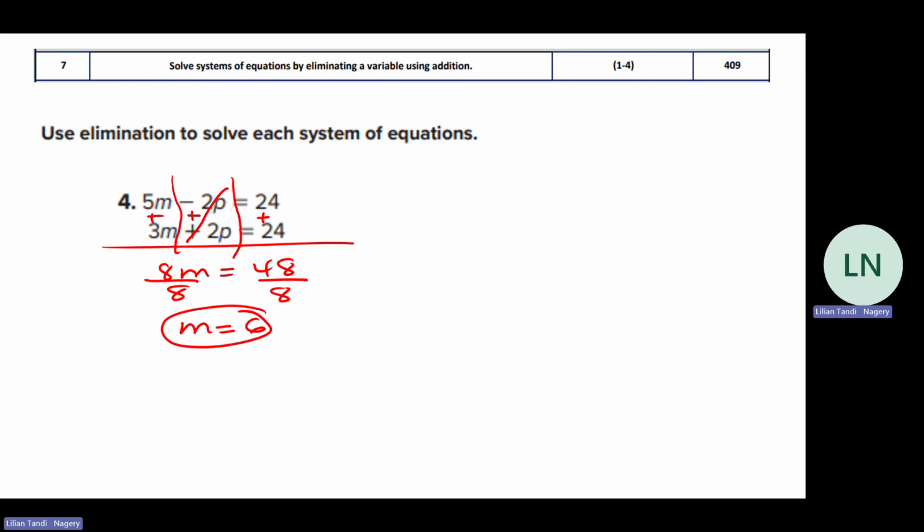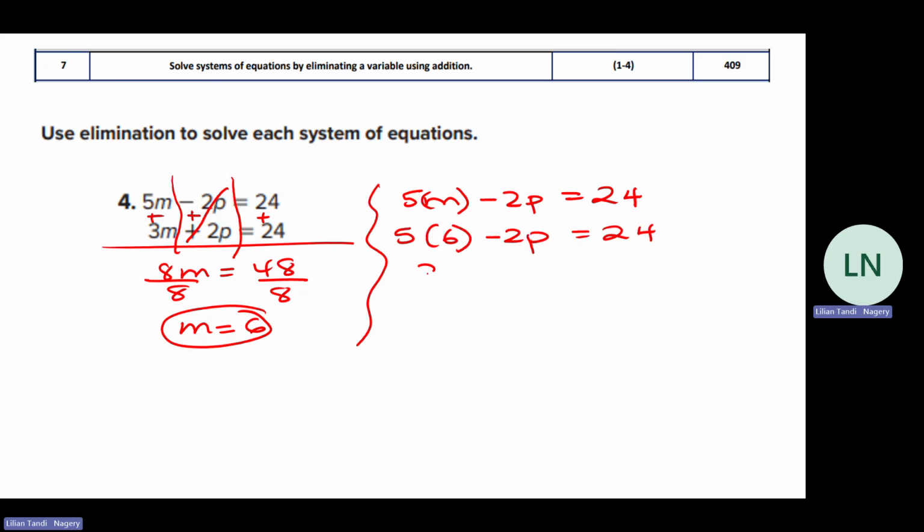Okay, so now after I find m, I must find p. So I'm going to use 5m minus 2p equals 24. 5 multiplied by 6 minus 2p equals 24. This is 30 minus 2p equals 24. Minus 30 on both sides.